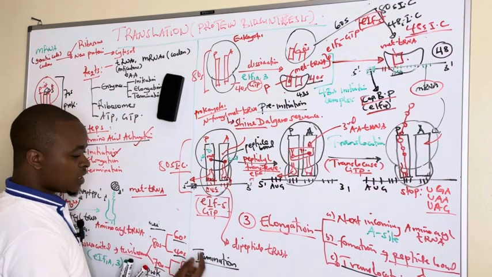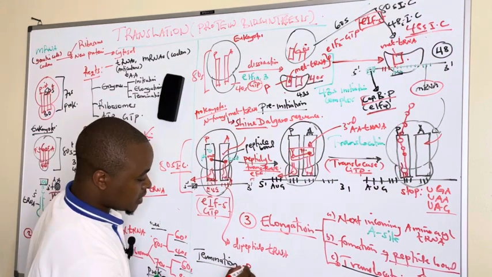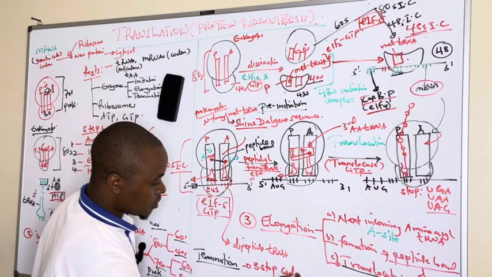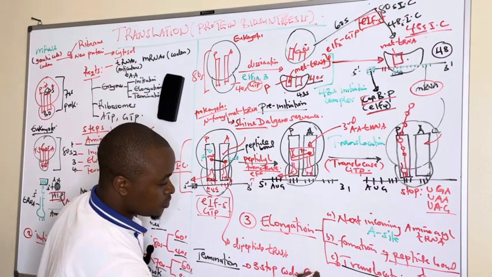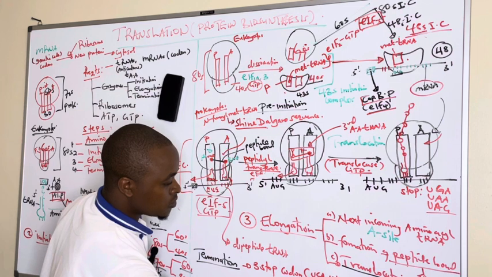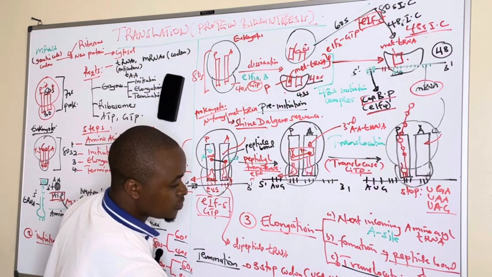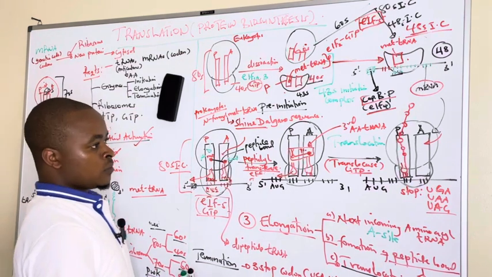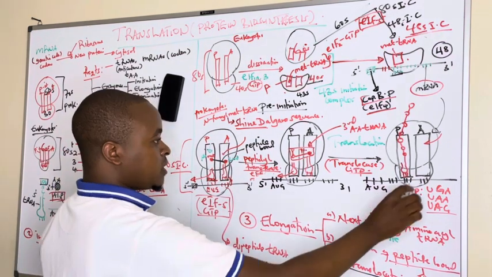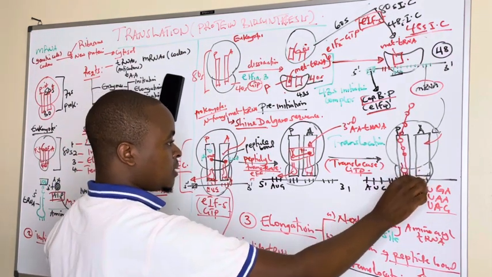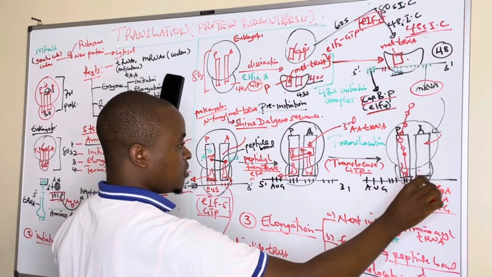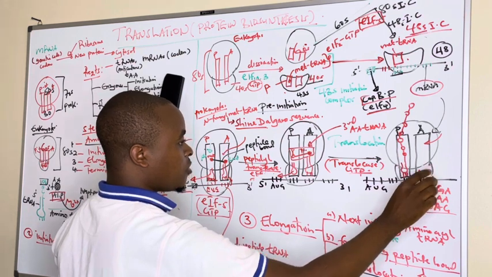So during termination, done by the 3 stop codons, or nonsense codons, which are UGA, UAA, and UAG, these stop codons in the A site, that one can be UAG, UGA, which is a stop codon.